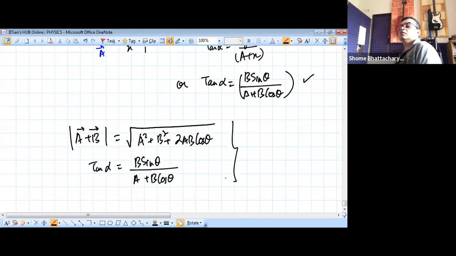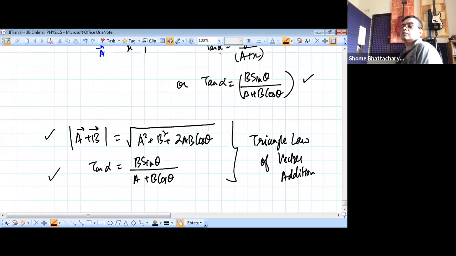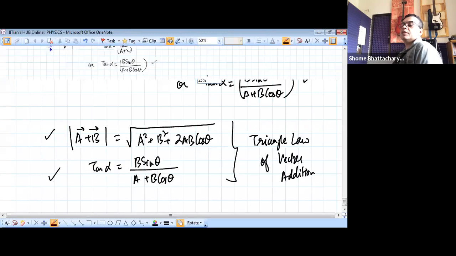Collectively, these two formulae are called the triangle law of vector addition. So this gives us the magnitude, this gives us the direction. Just make a note of this, people. Wait a second, I'm minimizing.